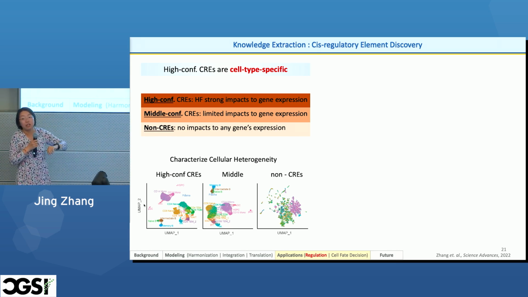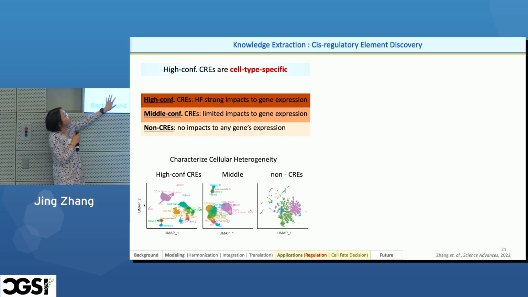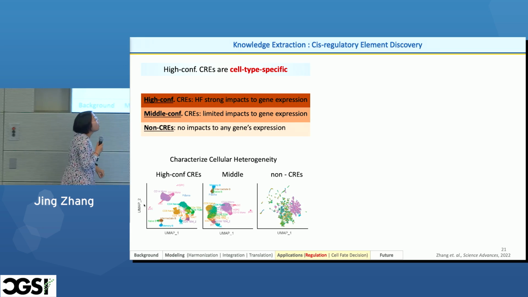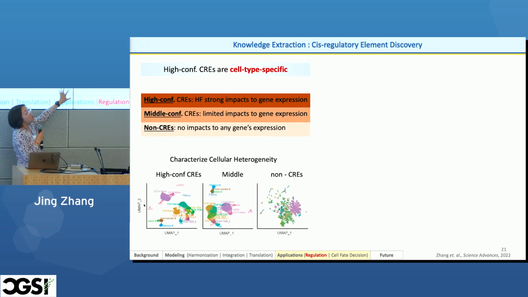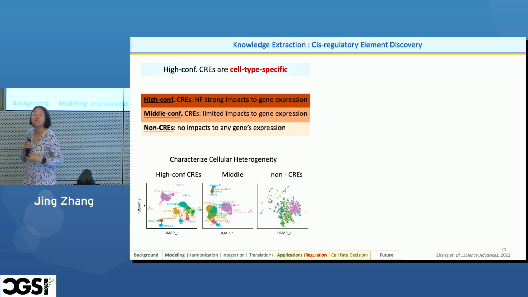The non-CREs means they almost have no impact, and then the middle category. You can see the high-confidence CREs showed the best power to separate different cell types or cell states. And the non-CREs have almost no power to separate different cell types. They are open probably for different reasons other than being an enhancer or silencer.